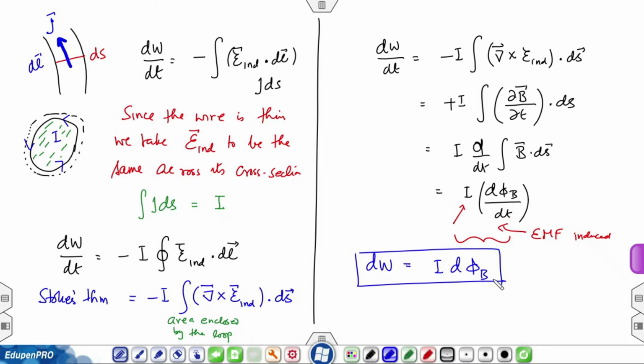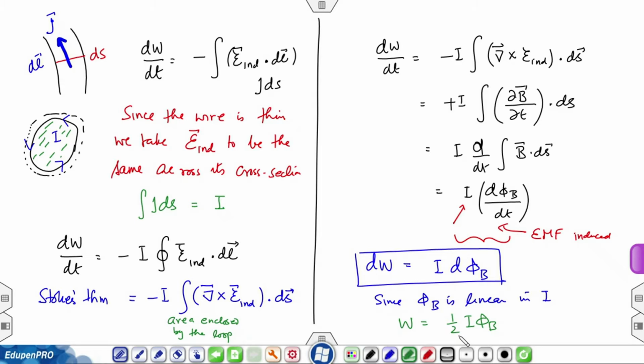Change in the work done, or the amount of work done, if current is there and I build up this current, I can write as I times dΦ_B. And since Φ_B is linear in I, I can write the work done as 1/2 I Φ_B.